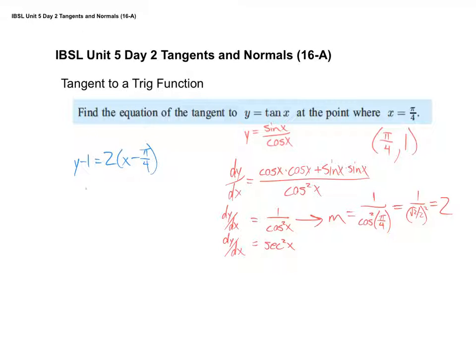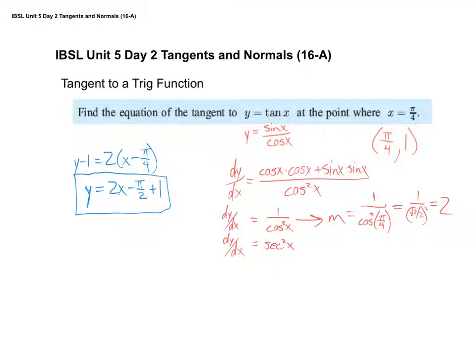So this one, when we simplify it, we distribute the 2. So we have y equals 2x minus pi over 2, and then we add the 1 to both sides. And you can leave it like this. Okay? I know that's kind of awkward looking to us to have a minus pi over 2 plus 1 as our y-intercept.